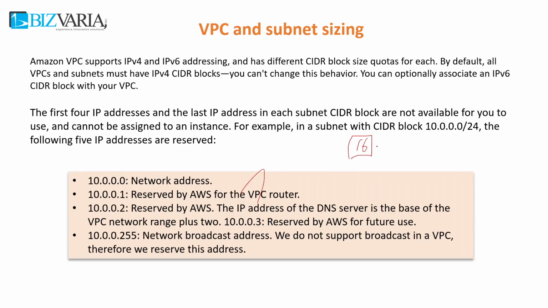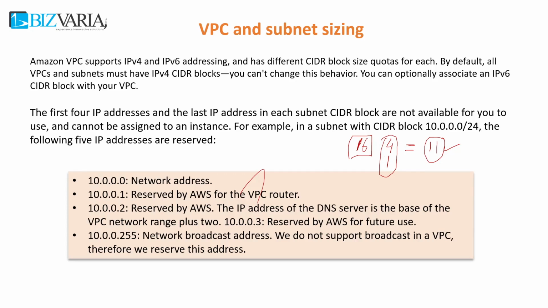The system will take the first 4 and the last IP address from these 16. That means you will be left with 11 IP addresses. You will use these 11 IP addresses for your devices, because the system is going to take 5 IP addresses out of this block.